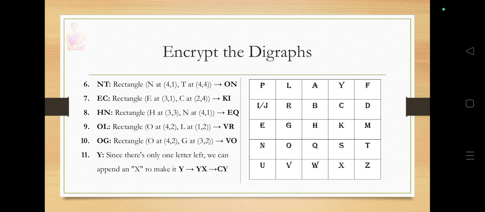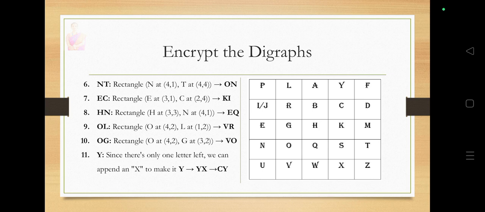So what do you have to do? You have to take the below letter. See, simple, just 3 rules, right? The first one is, if it belongs to the same row, you just have to take the next letter, that is the right side letter of the plain text, which will give you the answer.